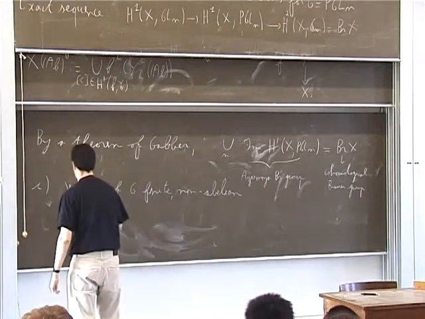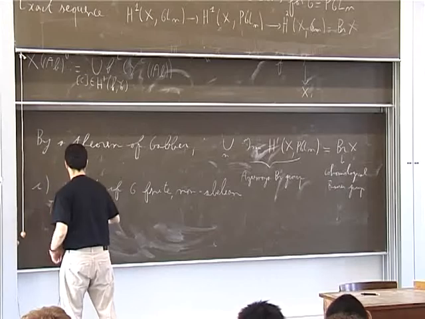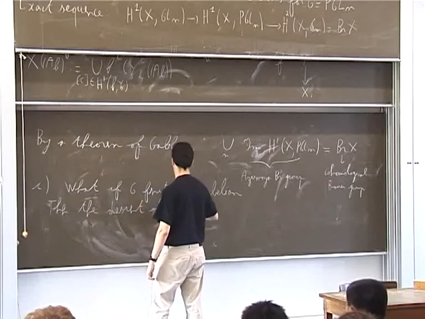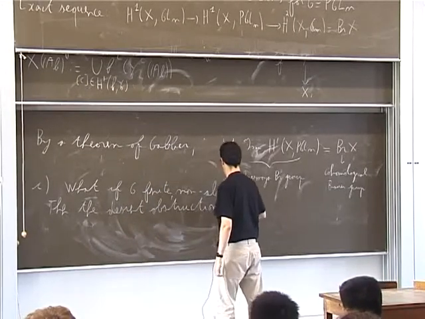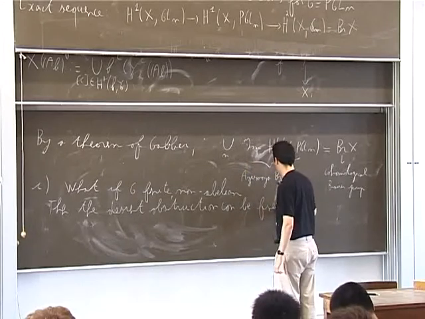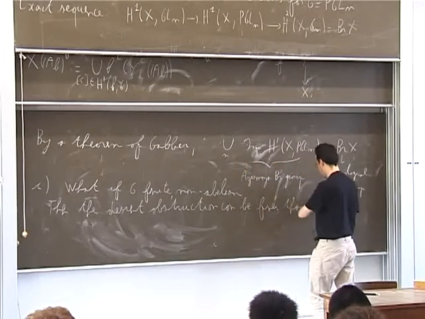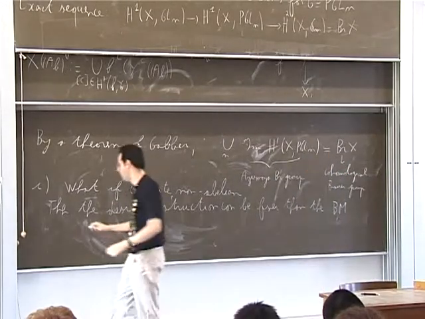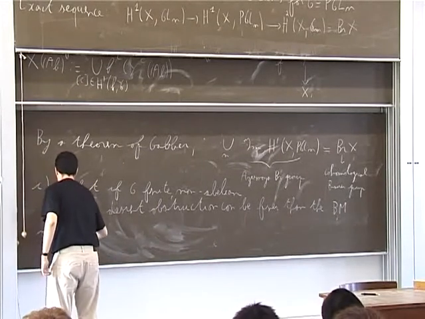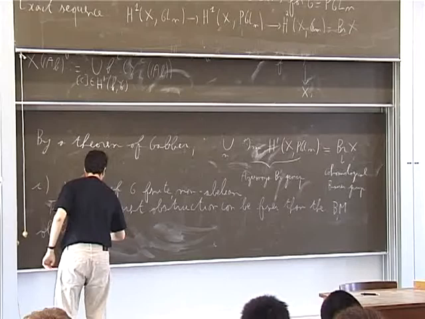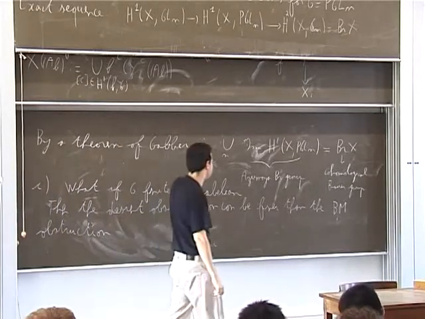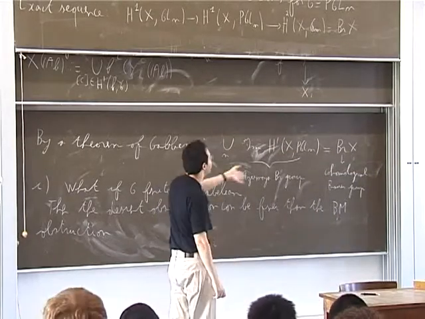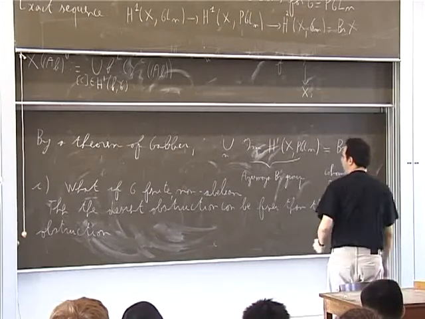Then the result is that the descent obstruction can be finer than the Brauer-Manin obstruction, which means that if you take the Brauer-Manin set, the set of adelic points satisfying all Brauer-Manin conditions, it is not necessarily a subset of this descent set X(A_K)^f.